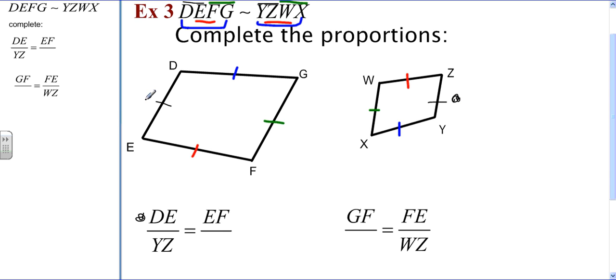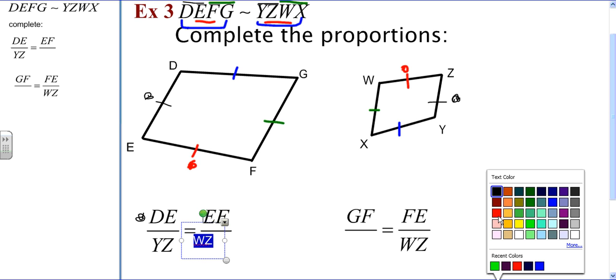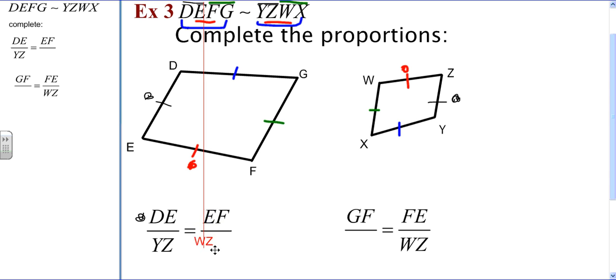So black is to black as, let's look at the next one, EF was marked in the red pen. So which side was marked in the red pen over here? WZ. And so that's what's going to fit in right here, WZ. And let's even make it red so we know what's matching up. Awesome. There we go. So the length of side DE to the length of side YZ is equal to the length of side EF to the length of side WZ.